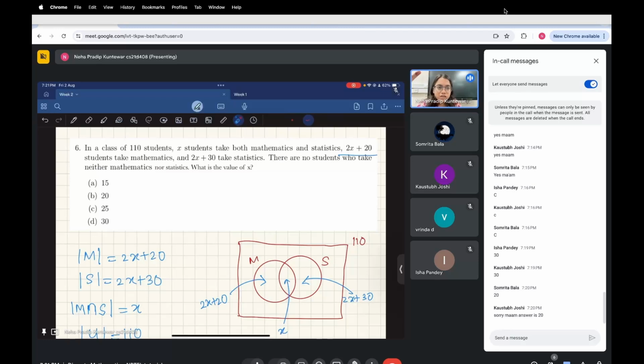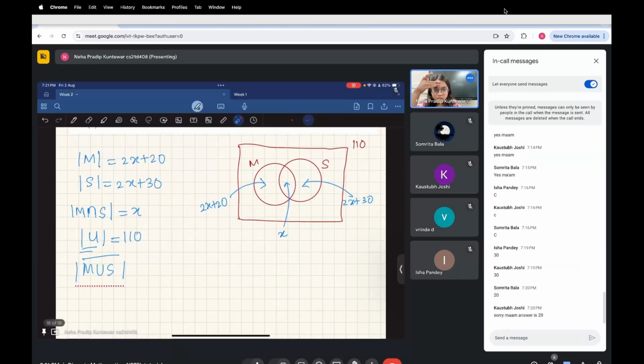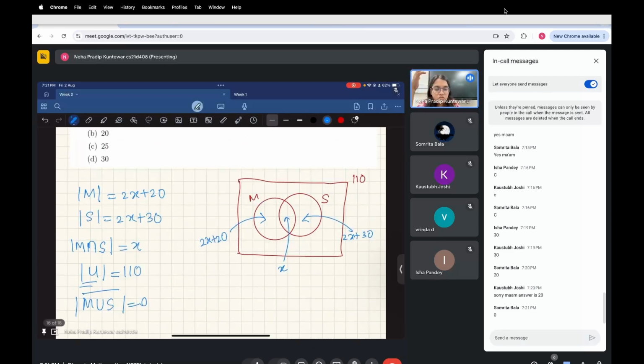This is simply 0 because there are no elements in the set. So this shaded area here is what the complement of M union S would look like, and there are no elements in it, so the cardinality is 0.